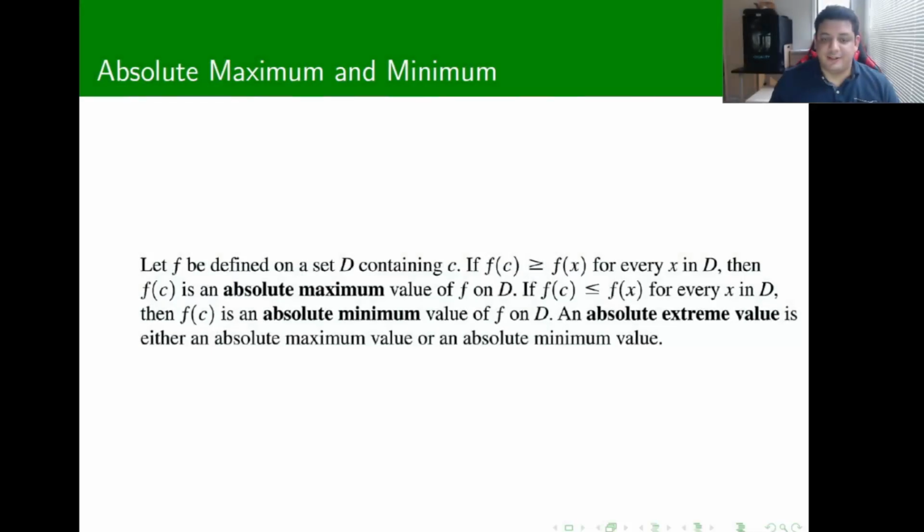So if we have a set D that contains a certain point C, and the function f at that point C is bigger than f of x for every x around that point, then f of c is going to be an absolute maximum on that region D. On the other hand, if f of c is smaller than all the other values in that area, then we say that it's an absolute minimum.